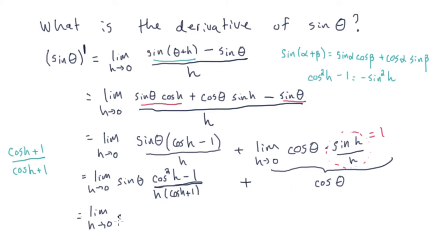So I can write this as sine theta, and then I can write this as minus sine squared h, and then all over h, like that, times cosine of h plus 1. But as h goes to 0, actually we can evaluate this part. So as h goes to 0, cosine of h plus 1 goes to 2. So we actually just get a factor of 2 here, but that's not going to make a difference.